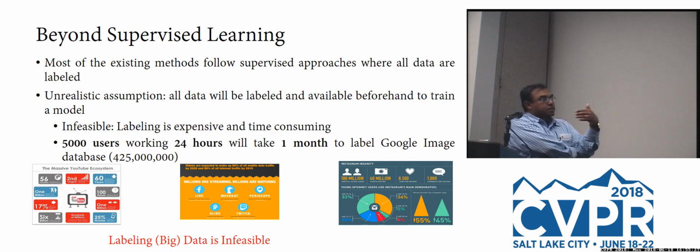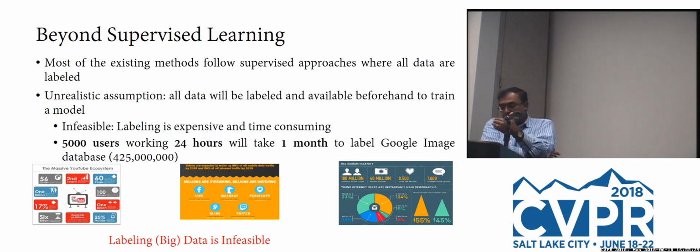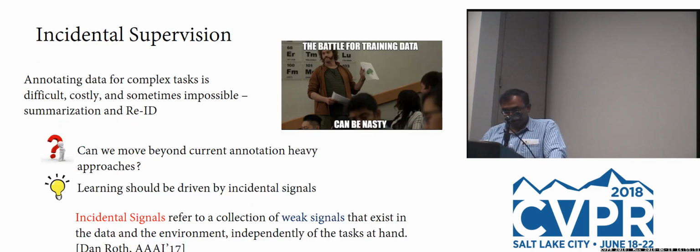Most of the existing methods for supervision today have this assumption, which is infeasible, as I've mentioned quite a few times, of extreme amounts of labeling. Here is an example: 5,000 users working 24 hours will take 1 month to label the Google image database, which has 425 million images. So if you just scale this up and think about it from a summarization perspective.